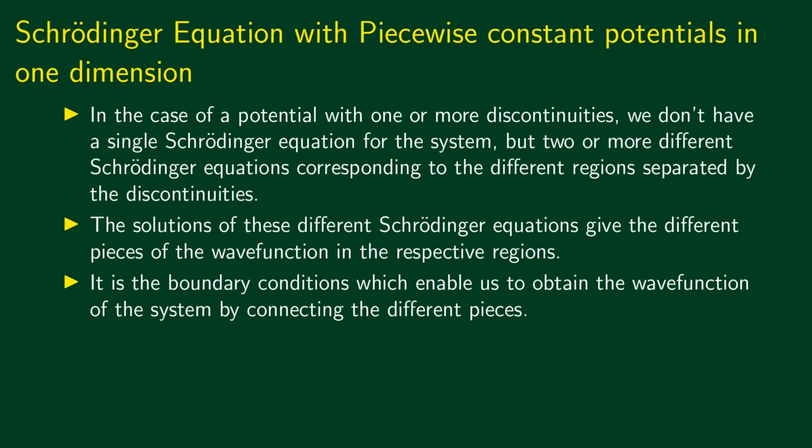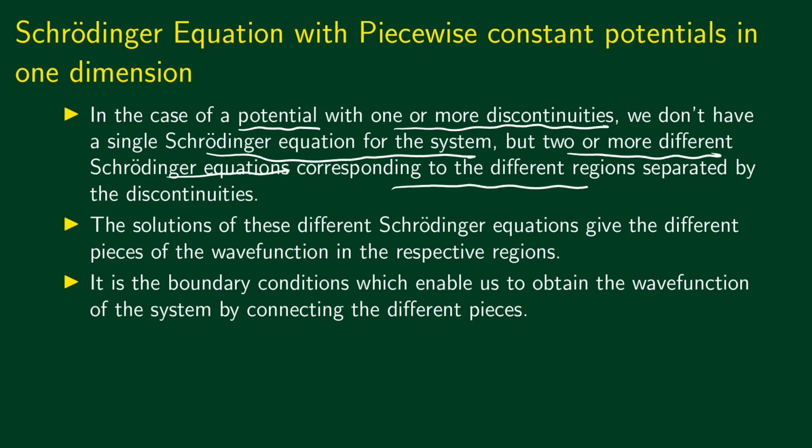So as we said, in the case of a potential with one or more discontinuities, we don't have a single Schrodinger equation for the system, but two or more different Schrodinger equations corresponding to the different regions separated by the discontinuities. Here we are talking about the discontinuities in the potential. If you have different regions in space with different potentials, and if the potential is really discontinuous, then we'll have to solve the Schrodinger equation separately for separate regions in space.